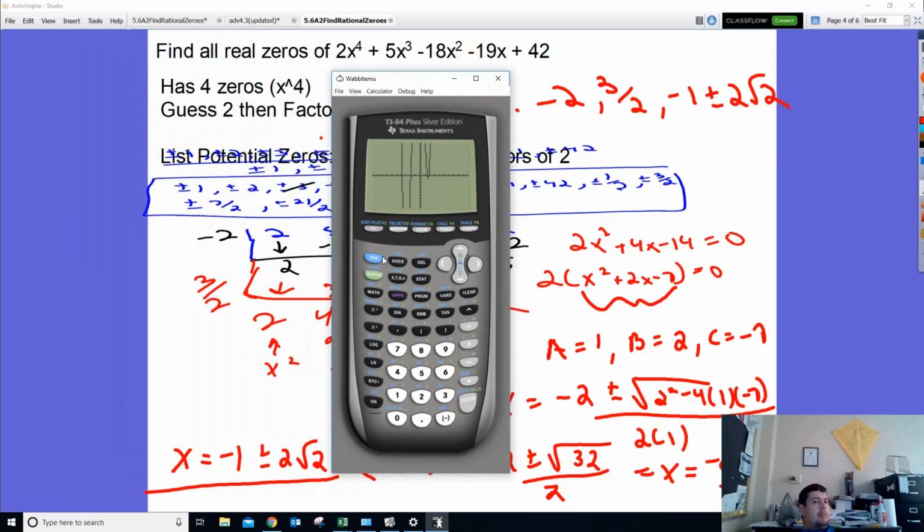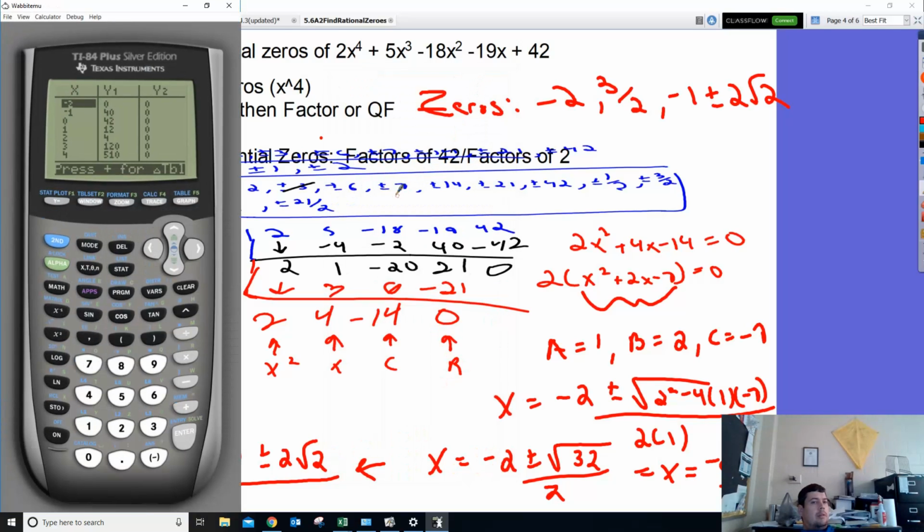If you go to the table, you'll have an x value and a y value. You're finding a zero, so you're looking for y is 0. That happens at -2. I would have let you look at a table and find that one instead of guessing.